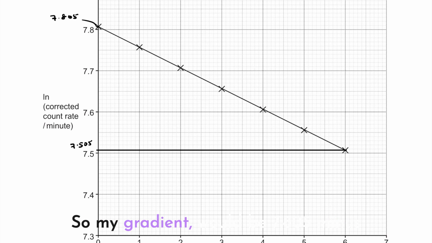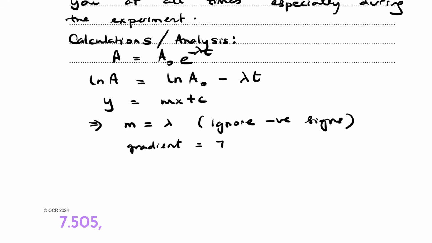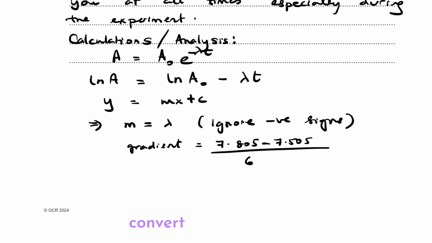So my gradient would be 7.805 minus 7.505 divided by the time over 6 hours, and make sure you convert it into minutes. So times it by 60, and that gives me a value of 8.33 times 10 to the minus 4.